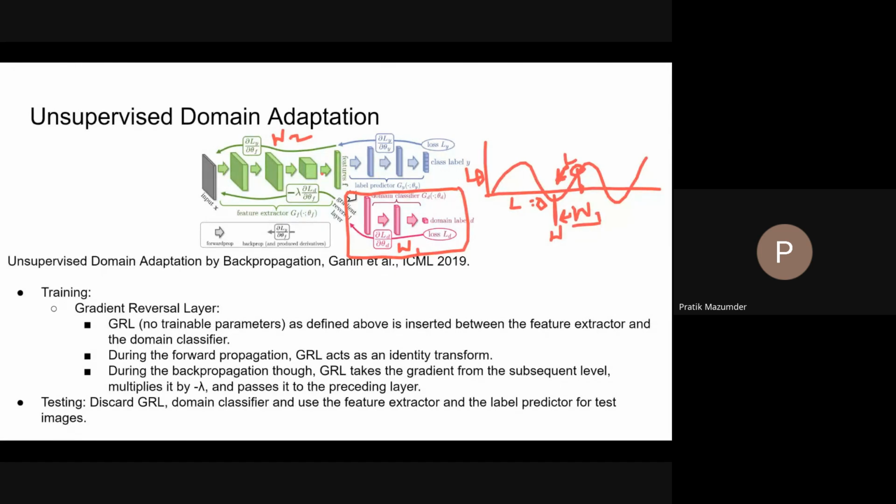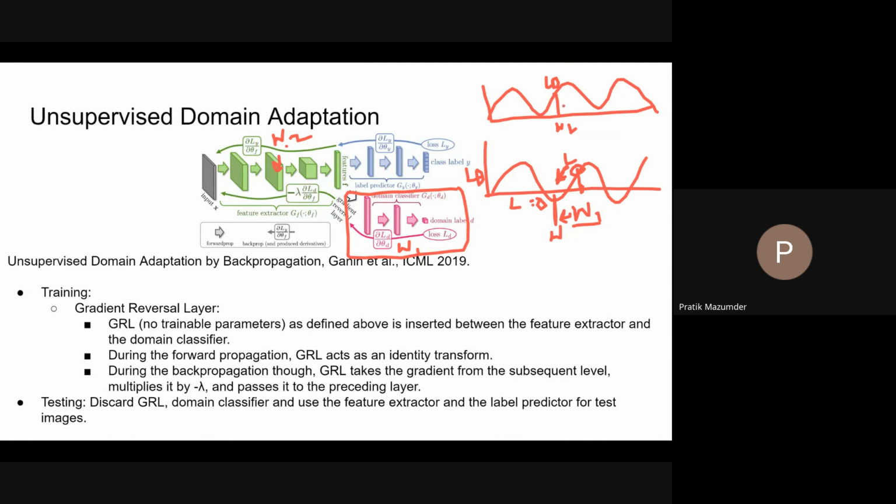Now consider the same loss, but for W2, a weight that is over here. Say for W2, you are currently somewhere over here. When you do backprop, the gradients from here also reach here. Now for W2, I want to optimize in a way so that the domain loss actually increases, not decreases.